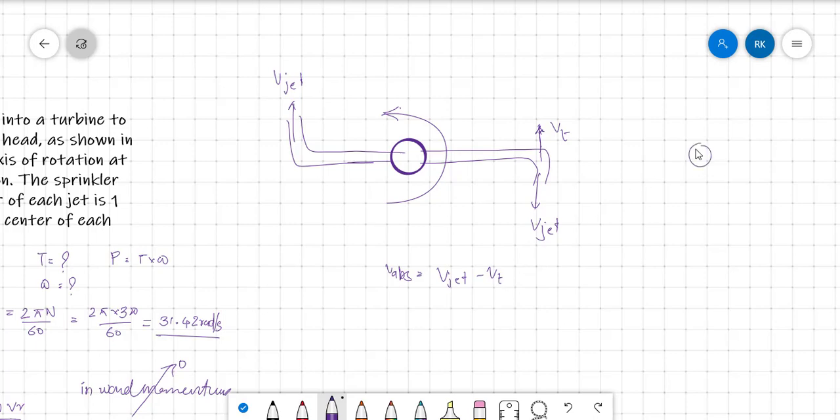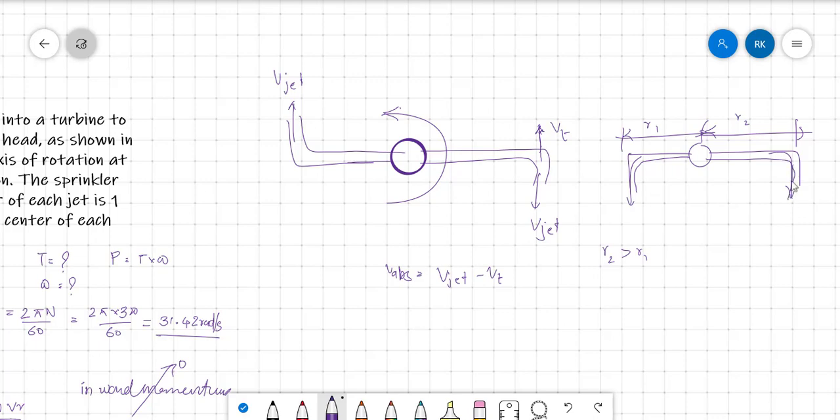Sometimes there will be lawn sprinklers in this way, and this is R1 and this is R2. If R2 is greater than R1 and mass flow rate is distributed equally on both sides, then how will the rotation be?